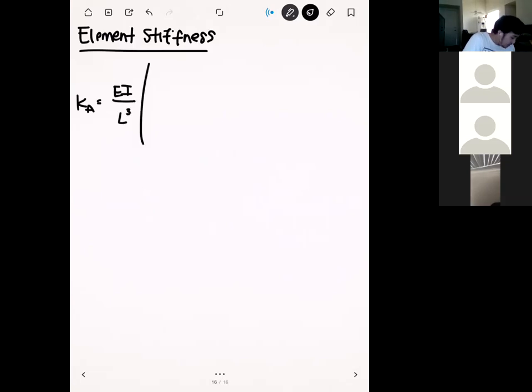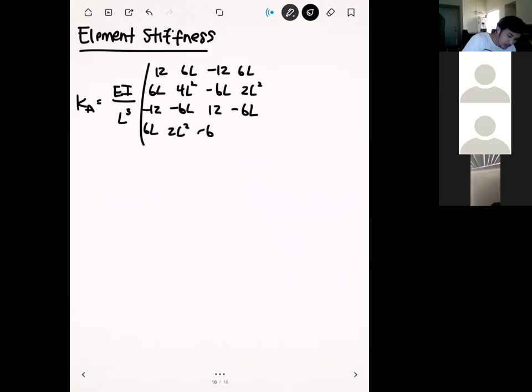That's multiplied by the matrix: 12, 6L, minus 12, 6L; 6L, 4L squared, minus 6L, 2L squared; minus 12, minus 6L, 12, minus 6L; 6L, 2L squared, minus 6L, and 4L squared.